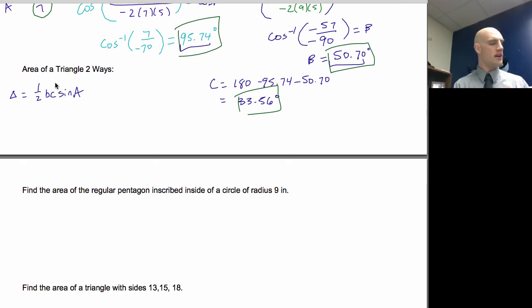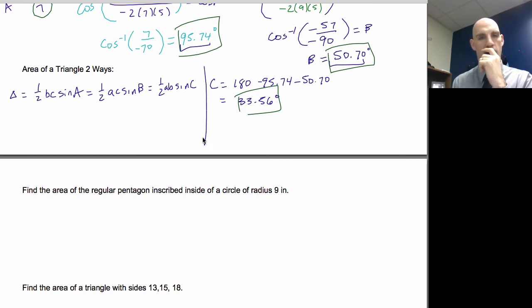So if I do 1/2 BC sine A, I could also do 1/2 AC sine B, or 1/2, and you see how this goes, AB sine C. So that's one way we could do it. Okay, that's triangle area. The other way that we could do it is a formula called Heron's formula.